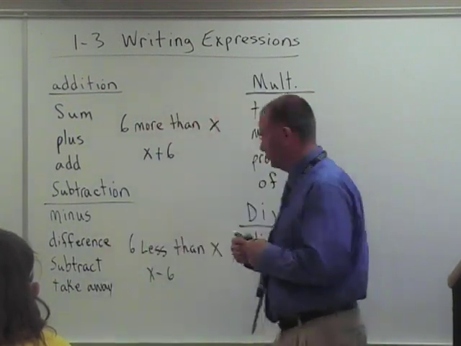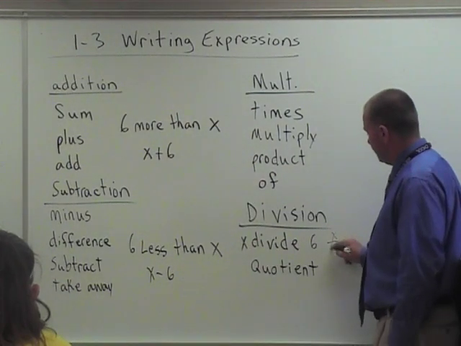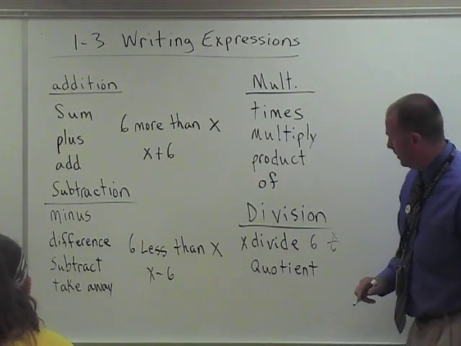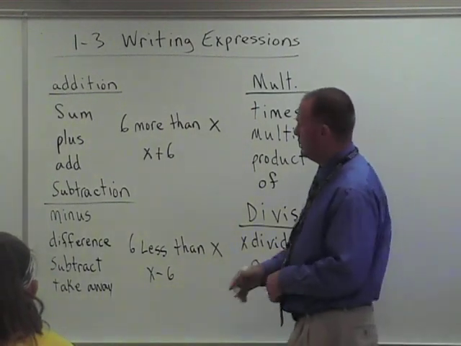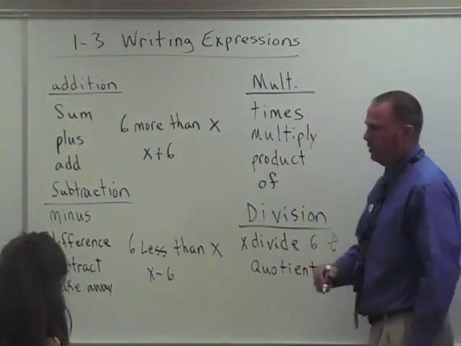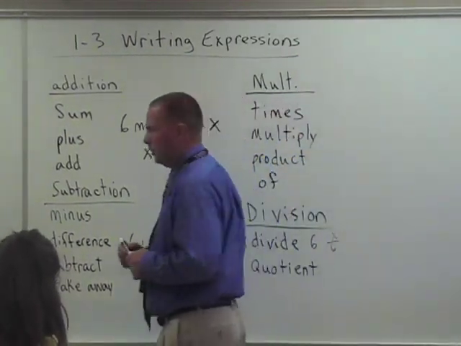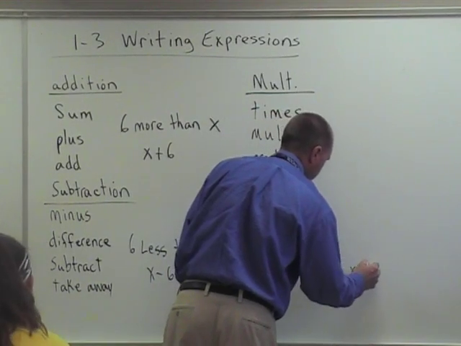Go ahead. x over 6. Yeah, the first number always goes on the top, and then the last number goes on the bottom. Got it? Just like you read and do these things in order, we do the same thing with divide. What about quotient? The quotient of x and 6.